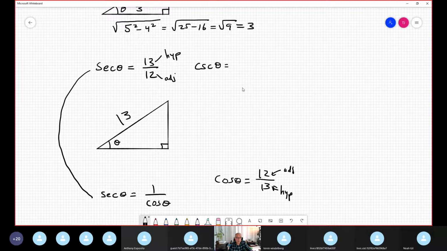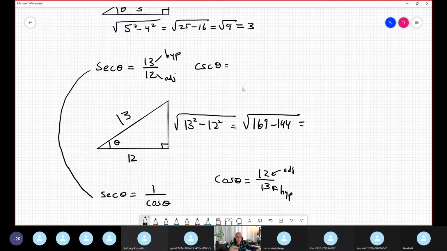Hypotenuse 13, adjacent is 12. And this side is the square root of 13 squared minus 12 squared. 13 squared is 169, 12 squared is 144. Using my calculator, 169 minus 144 is 25, and the square root of 25 is 5. So this side is 5. Now you are ready to apply cosecant, but I don't remember very well the definition of cosecant.